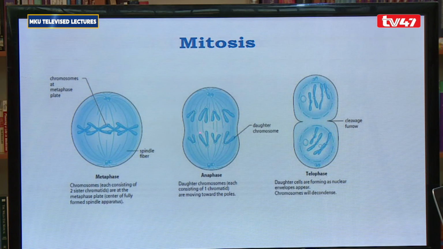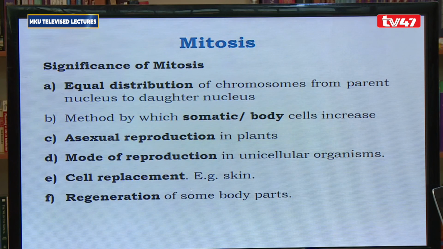They are separated and pulled in opposite directions. And then finally, telophase, we said, is a reverse. Now things begin to reverse. The nucleolus reappears, the cell begins to pinch and separate into two, what we are calling cytokinesis, so that two cells are now being created.